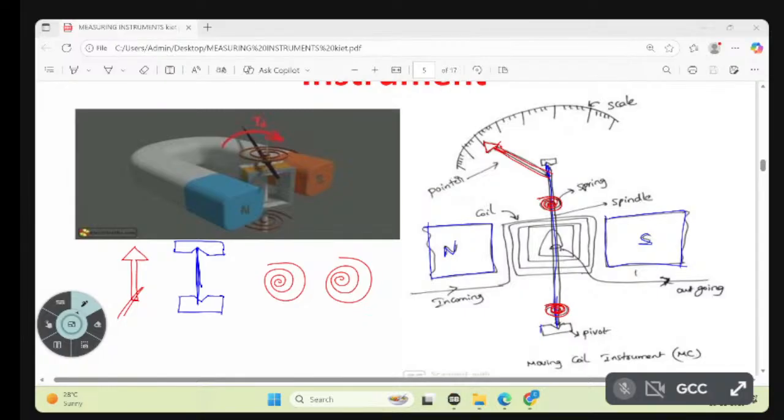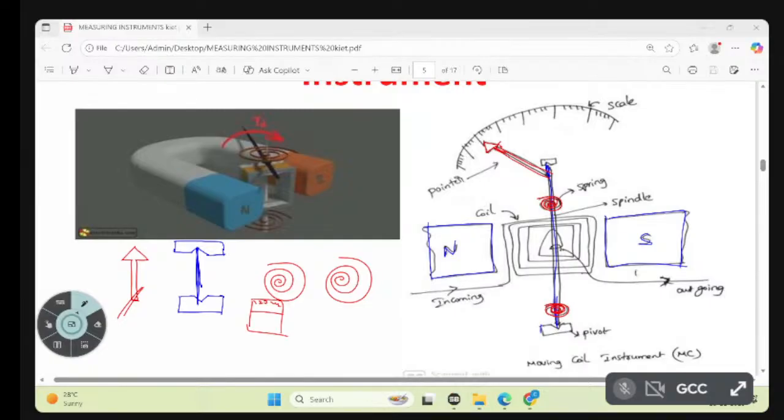Moving coil instrument. If you take a voltmeter or any ammeter, here it will display 1, 2, 3, 4. Have you seen a voltmeter or ammeter?